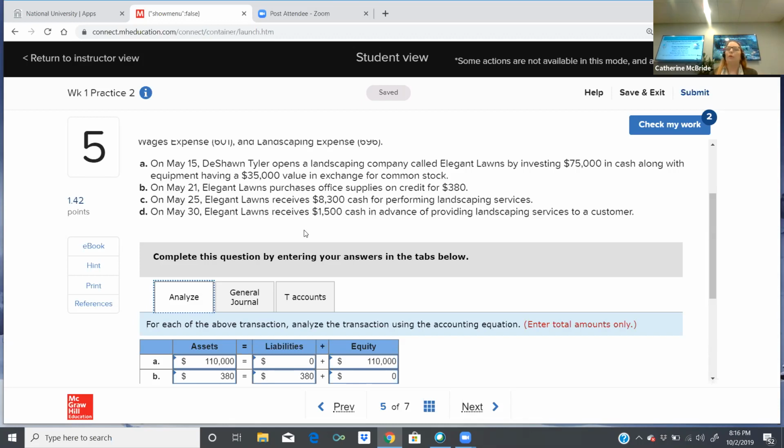Now, what do we do about performing the landscaping services? What is that account? That account is service revenue. So we have a revenue account. We're going to call that service revenue. So our two accounts are cash and service revenue. Now, did they increase or decrease? Did cash increase or decrease?